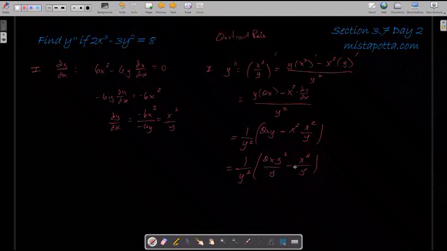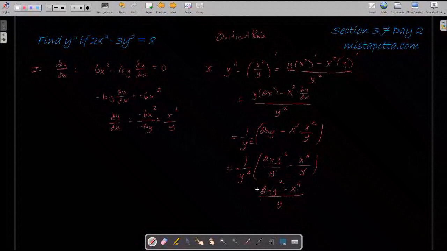And because I have a common denominator, I could really write this as 2xy squared minus x to the 4th over y. But because I'm multiplying by this 1 over y squared, this ends up being over y cubed.